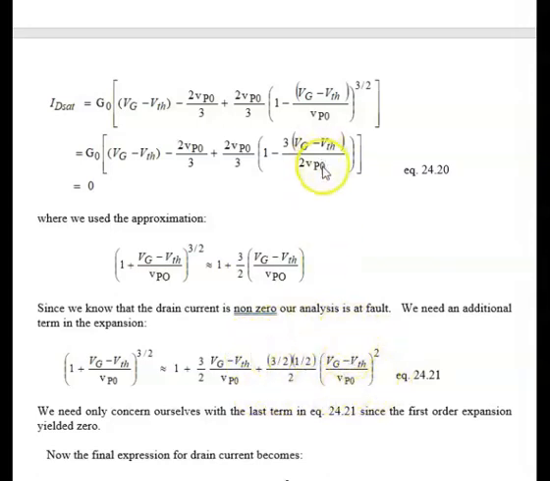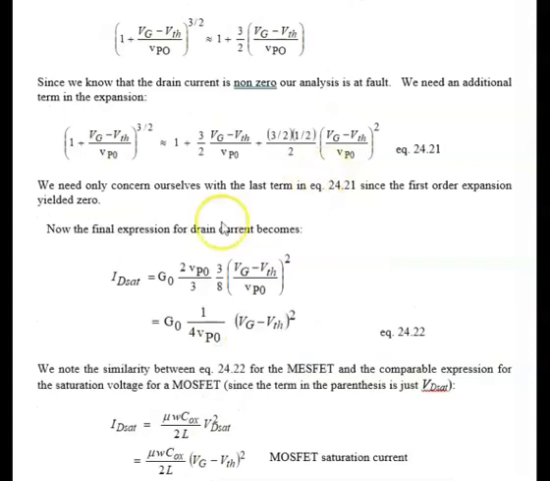So we basically replace this thing with just that one term, and we immediately get a final expression for the drain current, the saturation drain current, and there it is. It is 3/8, which is 3 divided by 2 times 2 times 2.